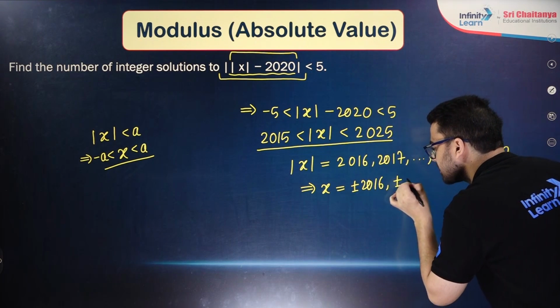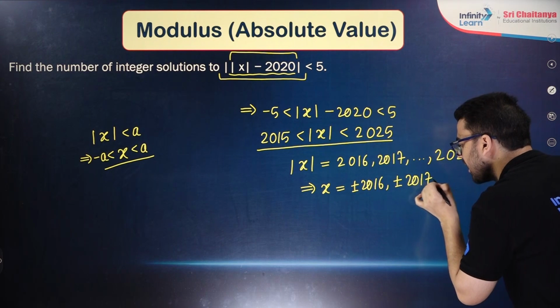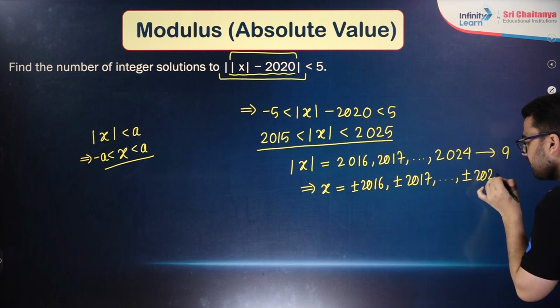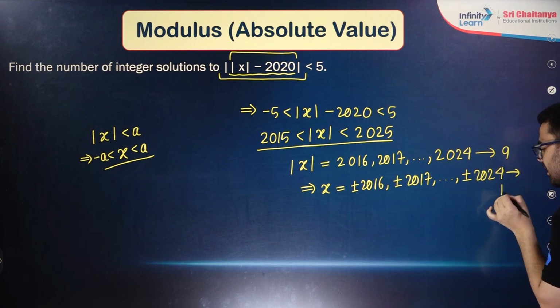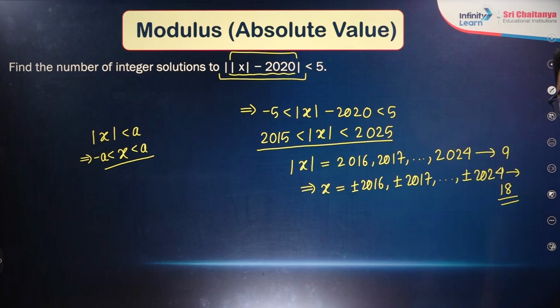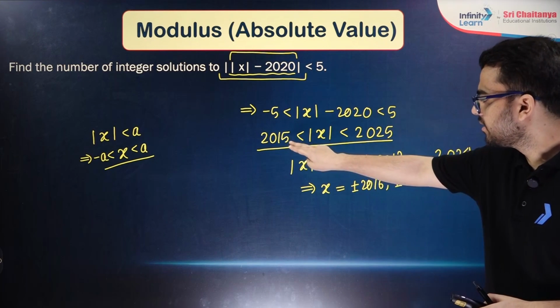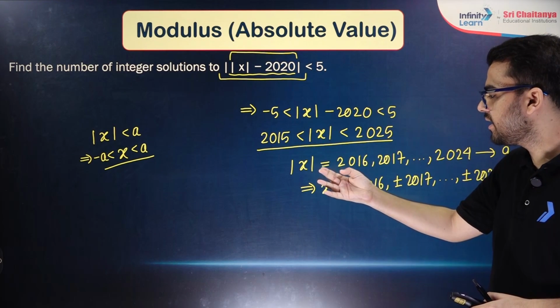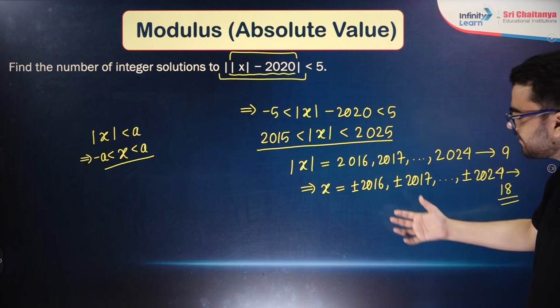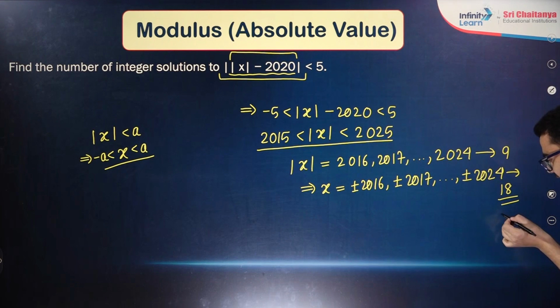Will it not be plus minus 2017 and so on, up till plus minus 2024? Will it not be 18 values, guys? Tell me. So 18 integer solutions it will have. You can again check it. I hope that's clear. So that's a simple modulus inequality. You see, 18 integral solutions are there.